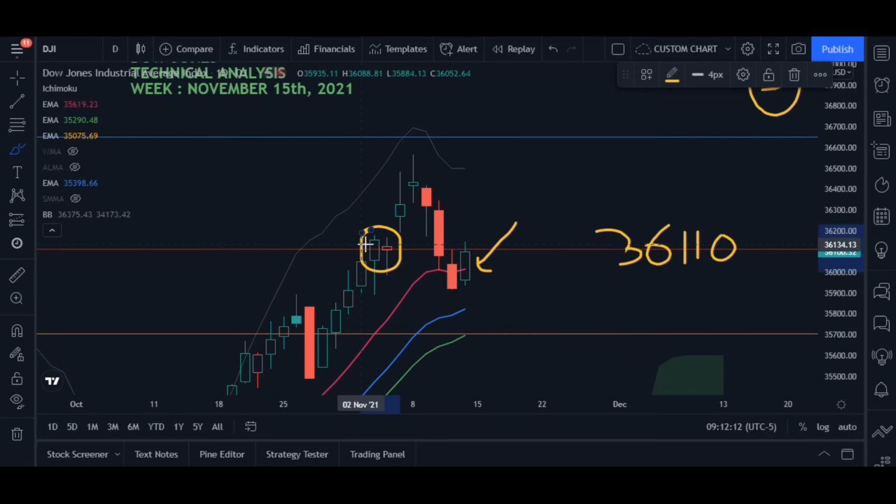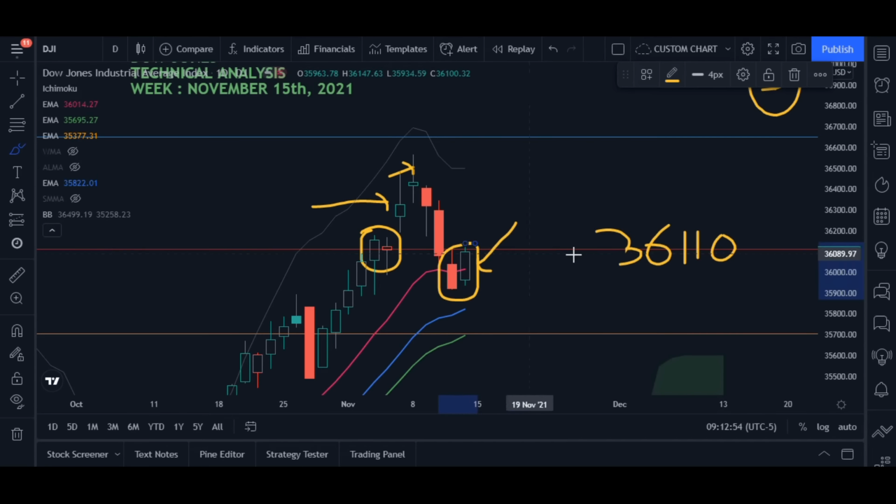Now let me tell you something else. If you see these two candles, on two consecutive days these candles closed above this 36,110, and that was the reason why this particular candle was seen, and then this candle. Because the market closed above 36,110, it helped the market to move up. But now after these two candles, these two candles have closed below this 36,110, but this last candle is on the margin line, so anything can happen.